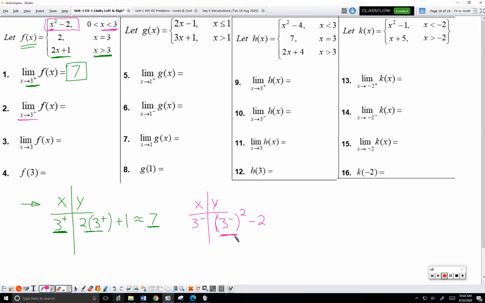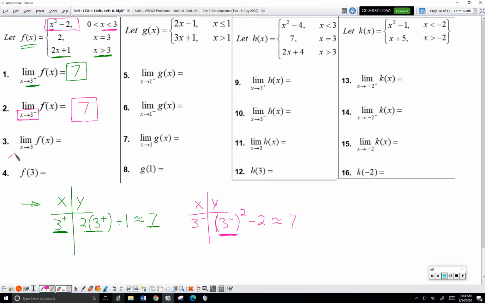3 squared would be exactly 9. So that's pretty close to 9. Subtract 2, it's not going to equal, but it's going to get close. 9 subtract 2 is going to be really close to 7. So when the x-coordinate is just infinitesimally less than 3, the y-coordinate over here is going to be infinitesimally close to equaling 7.